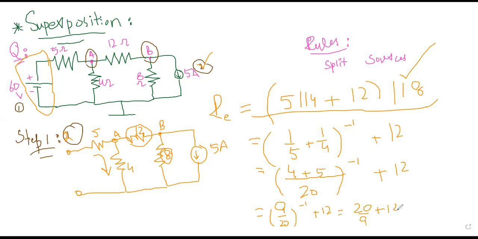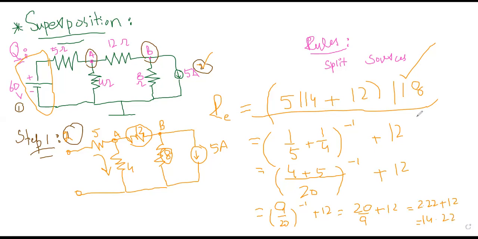20 upon 9 plus 12. As 20 upon 9 is approximately equal to 2.22, this must be 2.22 plus 12, so this value equals 14.22.